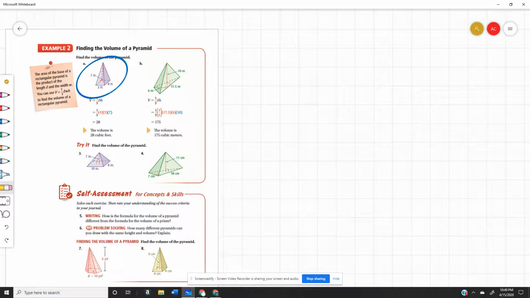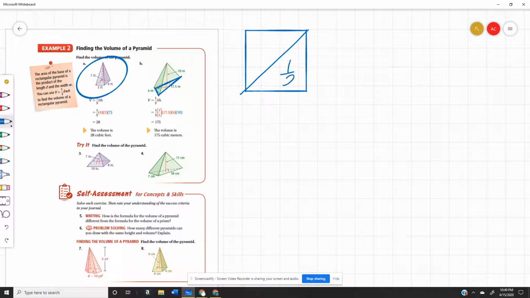All right. So for B, okay, B can be confusing because it's got a triangular base, okay? If you look at it, it's got a triangular base right here. So instead of using length times width, we have to do 1/2 the base times the height, because remember, a triangle is half of a rectangle.